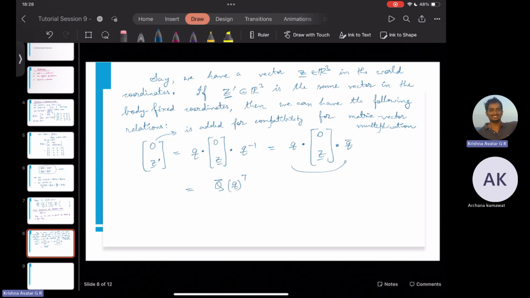Okay, so yeah, this we can write it as follows. So we can write Q conjugate Q transpose into Q of Q into 0, Z, right?